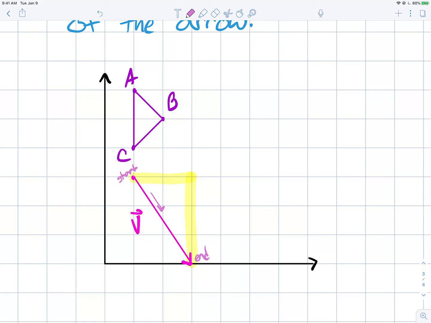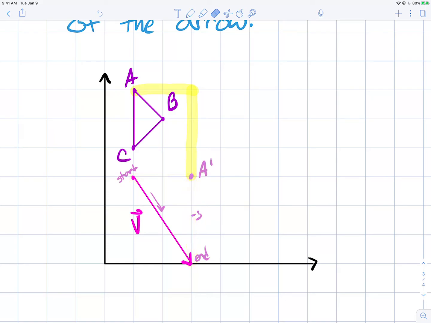So if I wanted to go from the start of the vector to the end, that's the same as going right 2, down 3. So I'm going to do the same direction with all of my points. So for point A, I'm going to go right 2 and down 3. 1, 2, 3. And here is A prime.